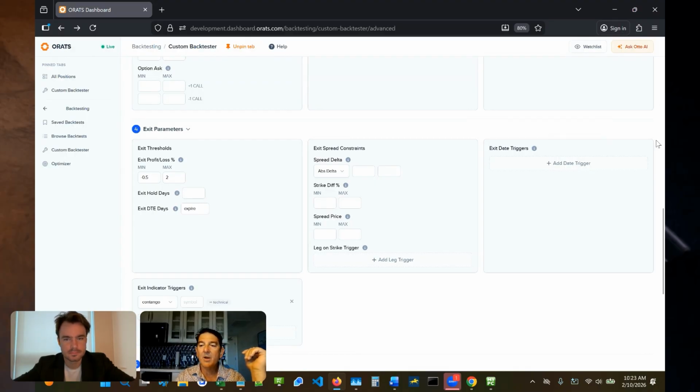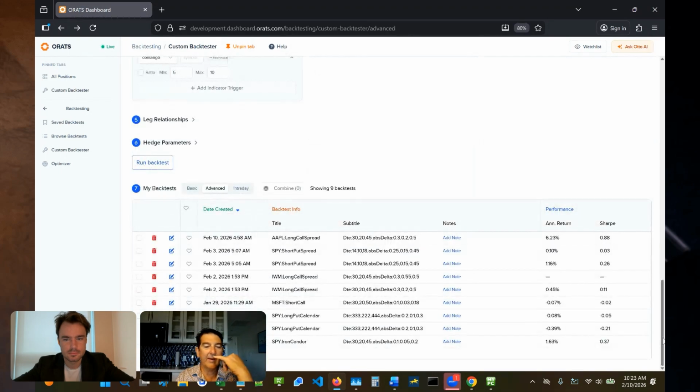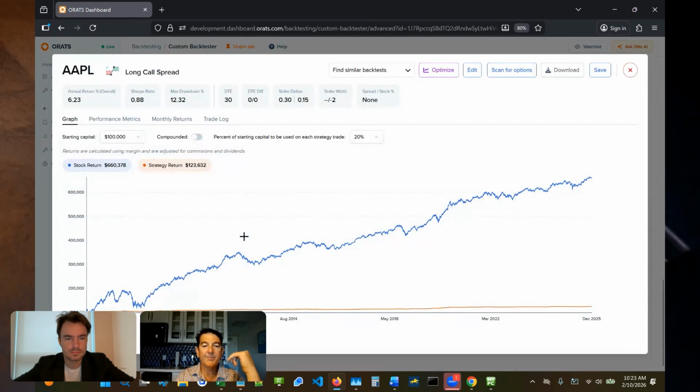Okay, let's go back to a backtest. Edit is just to edit this backtest, so that's what we're doing essentially. And then scanning for options. Now, to save this, Tyler, maybe we should show how to do that.